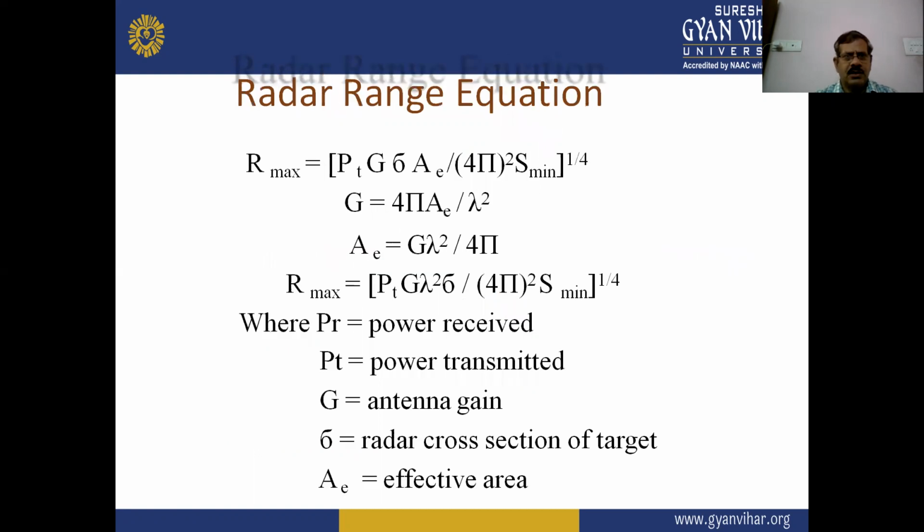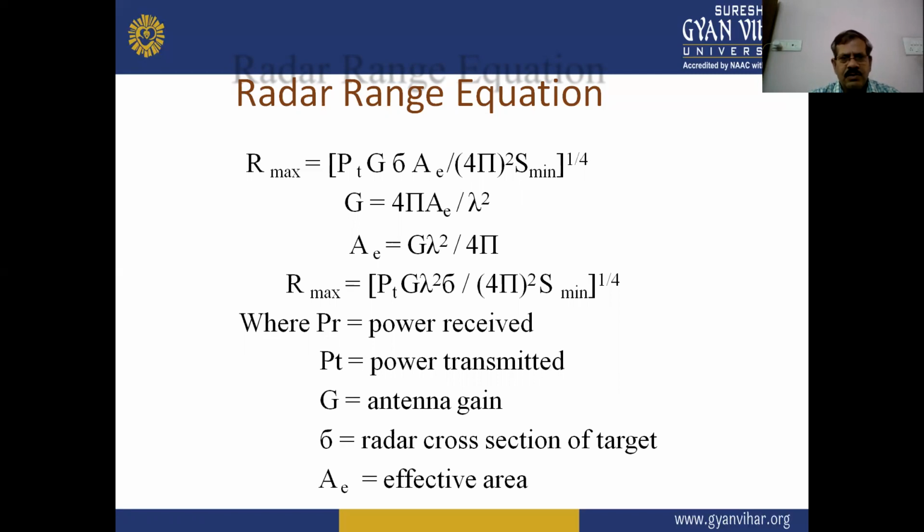And the range equation for the radar, that is, the maximum range equation, R max is equal to (P_T G delta A_E upon 4 pi squared S_min) whole power of 1 by 4. So G equals 4 pi A_E upon lambda squared, and A_E equals G lambda squared upon 4 pi.